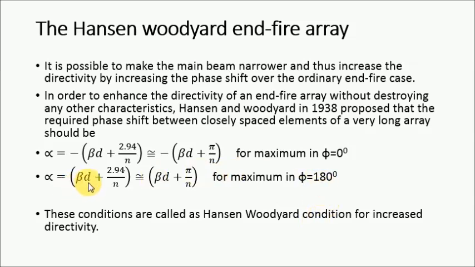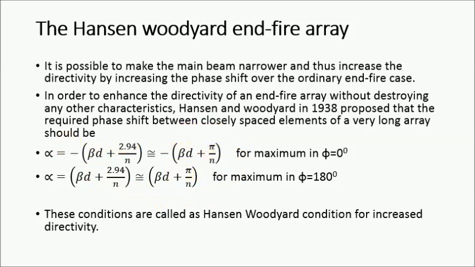But they suggested that instead of putting in minus beta d directly, put alpha equal to, in simple words, beta d plus pi by n, or beta d plus 2.94 by n. So Hansen and Woodyard suggested that you insert the 2.94 divided by n parameter in the phase shift, and this condition is called the Hansen-Woodyard condition for increased directivity.